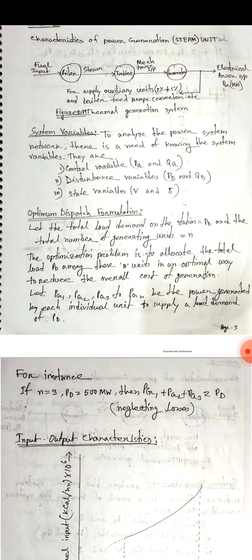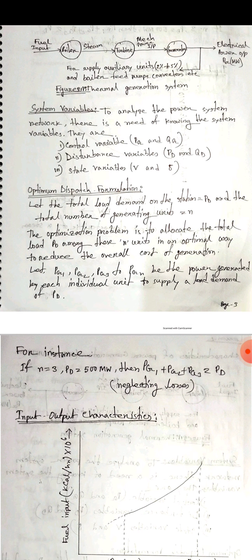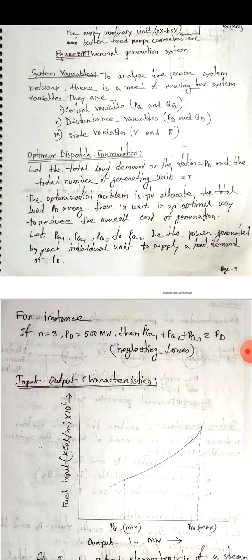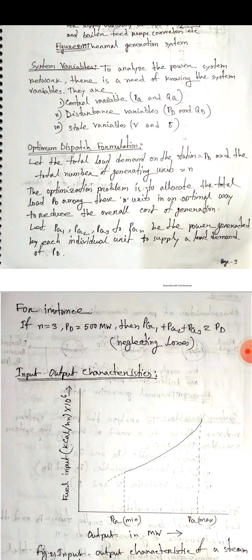Let PG1, PG2, up to PGN be the power generated by each individual unit to supply the load demand of PD.